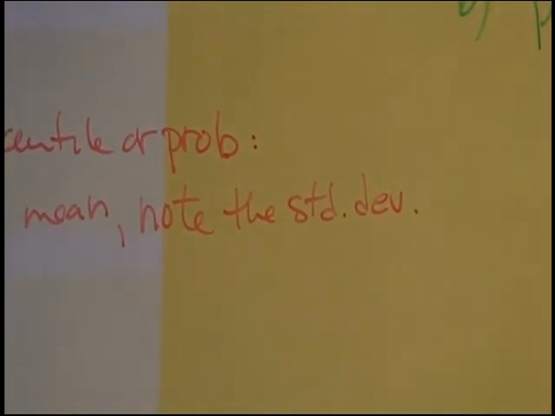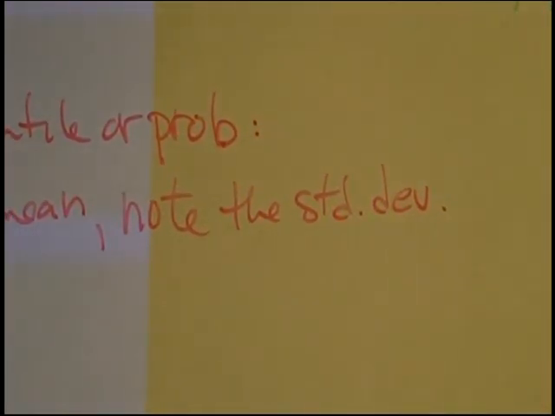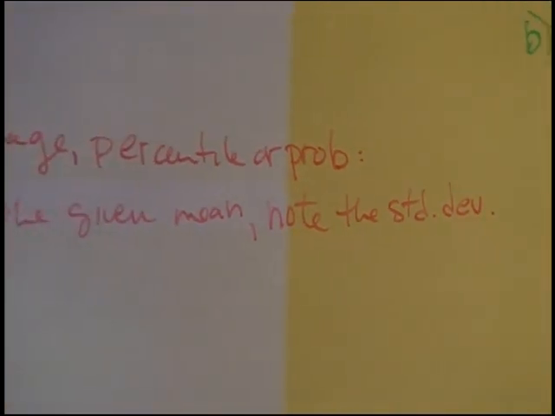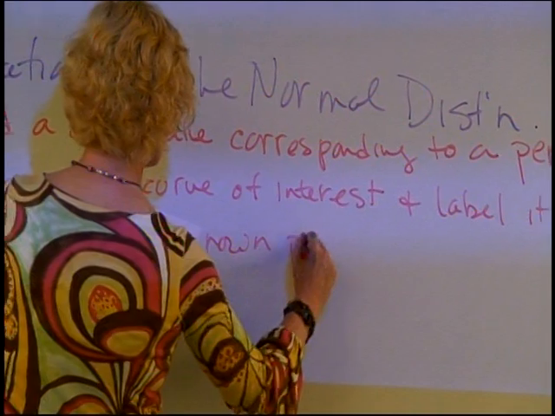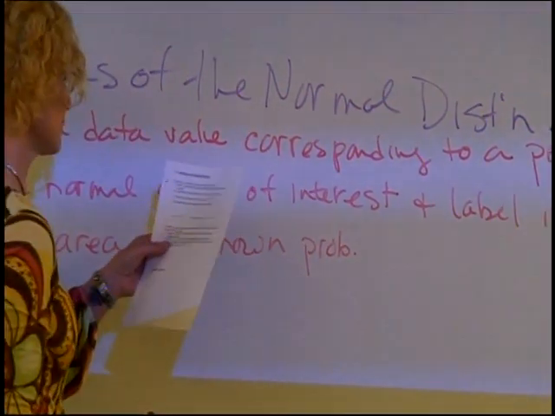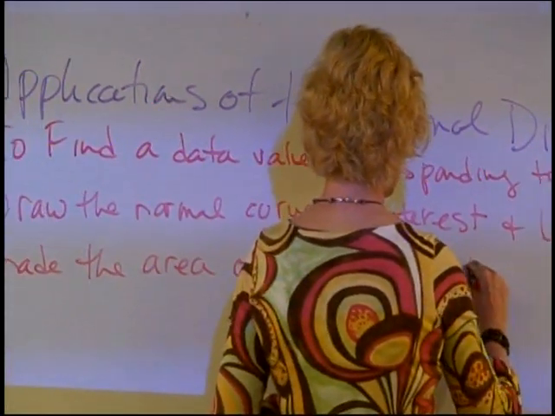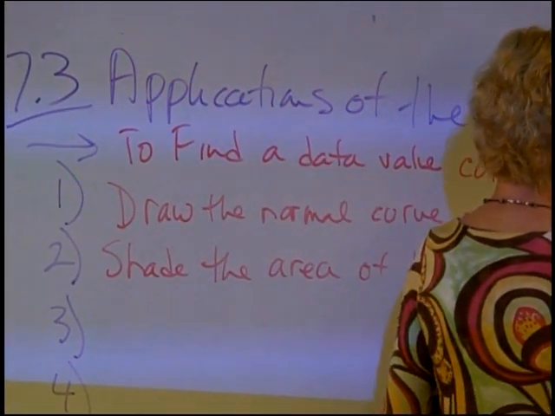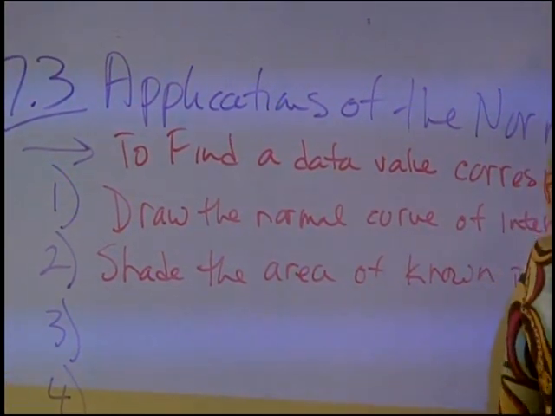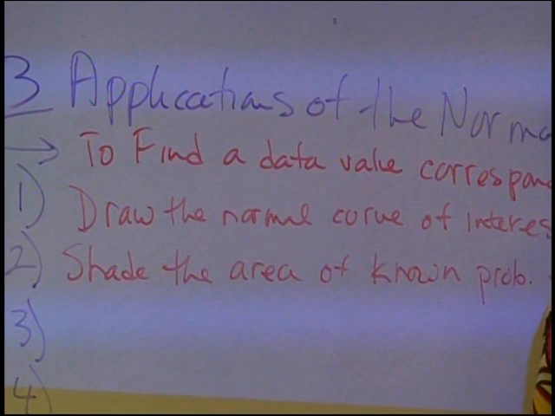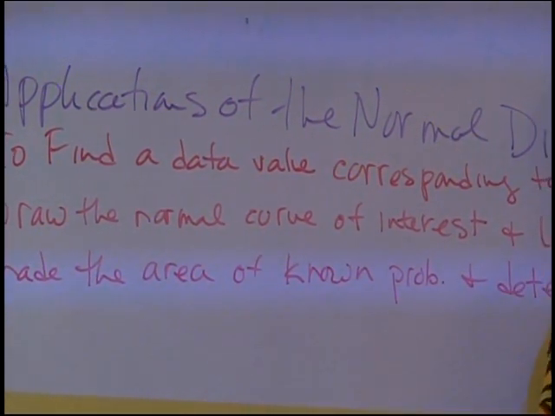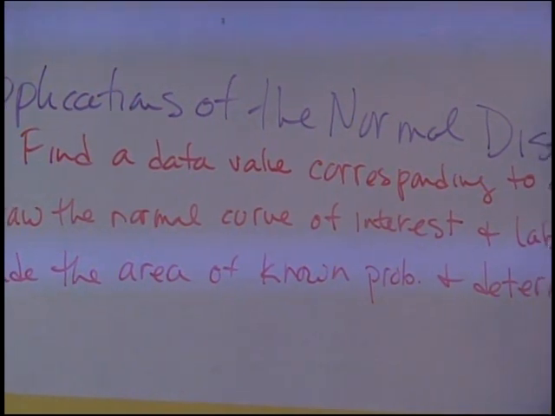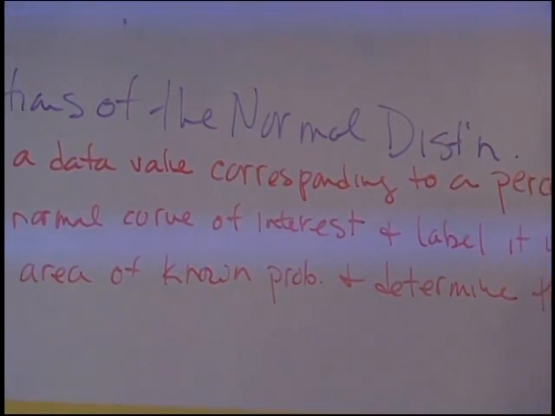You're going to shade the area of known probability and determine the location or locations, depending if you're looking for one or two numbers, of your unknown x's.